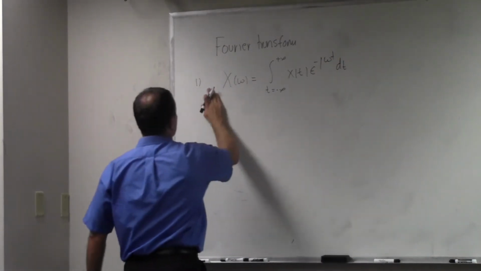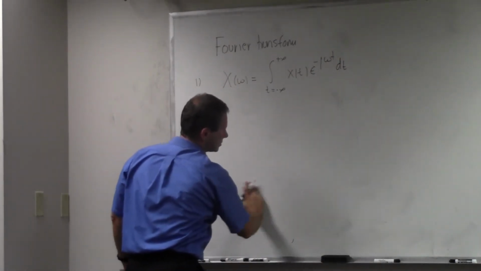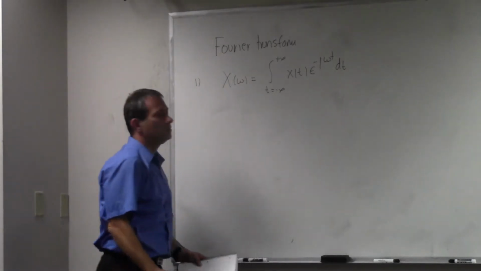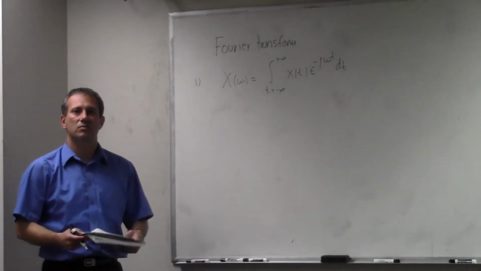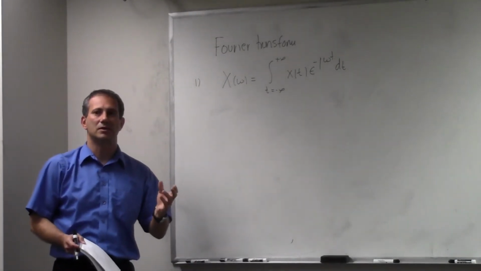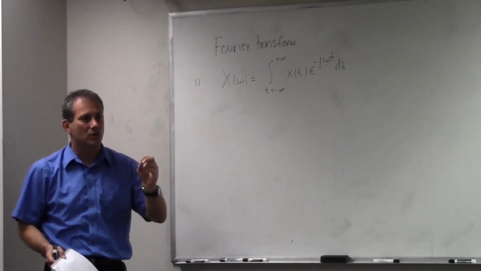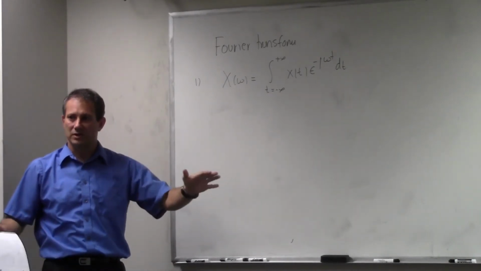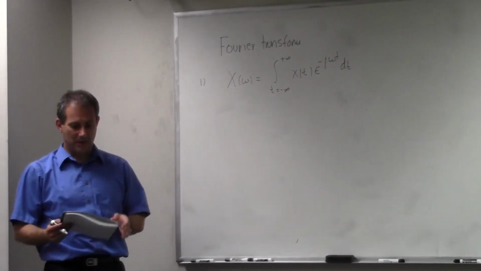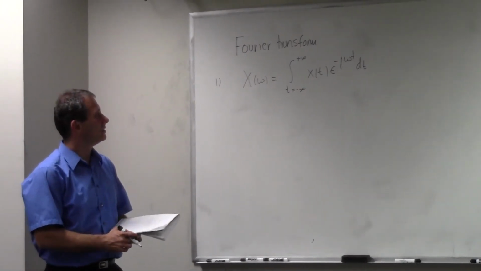So this integral here allows us to go from the time domain into the frequency domain, and it tells us what is the frequency content of the spectrum, or of the signal. What are the sinusoids or range of sinusoids participating in building that signal.